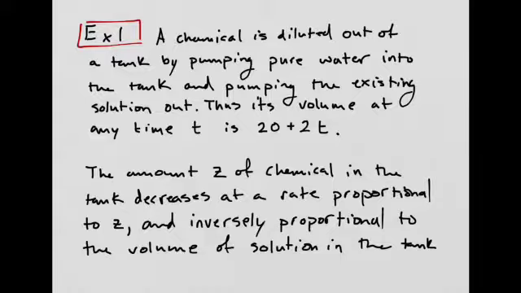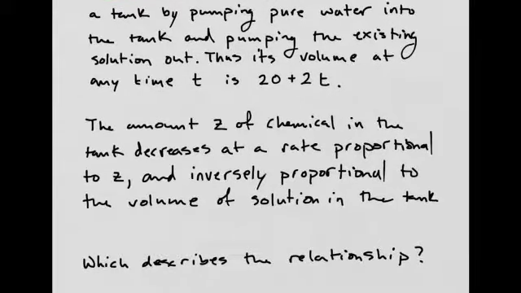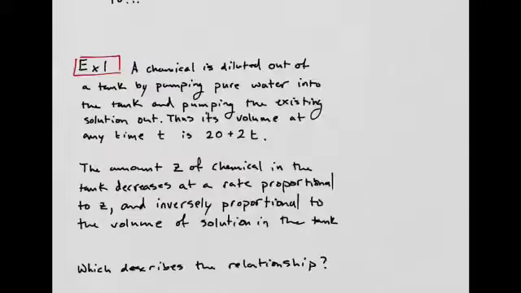The amount Z of chemical in the tank decreases at a rate proportional to Z. So first of all, I'm thinking dZ/dt, because the rate at which this decreases should be dZ/dt. In fact, if we're decreasing, it should also be a negative rate. So dZ/dt equals something, and then it says which describes the relationship, and then there's equations there.